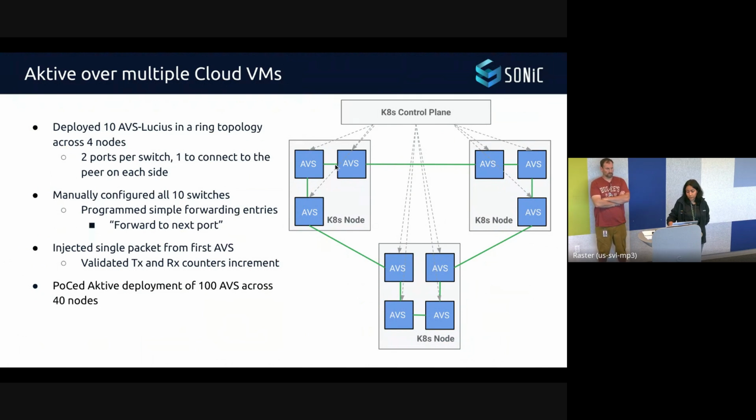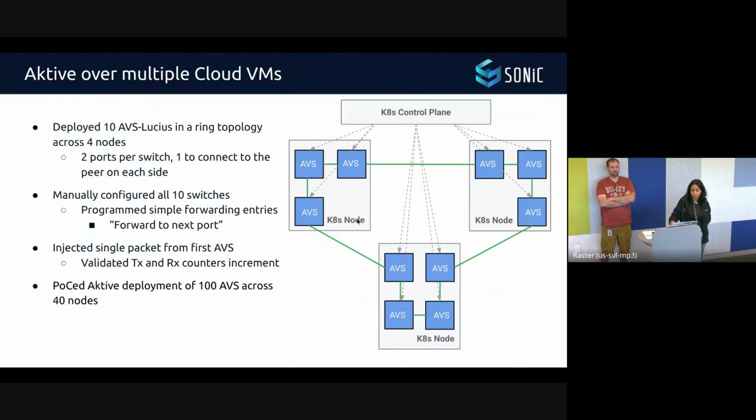Each of these virtual switches started with 2 data ports, 2 links, one connected to each peer. You can see there are 4 nodes. This is a representation; in reality, Kubernetes can deploy or load balance these virtual switches across any of these nodes.